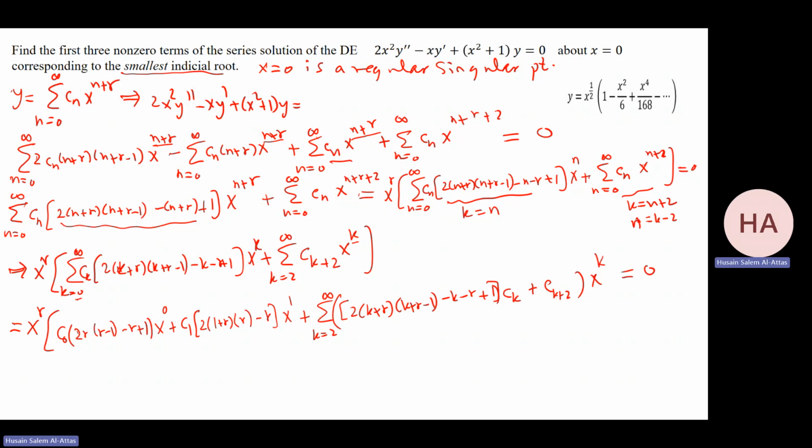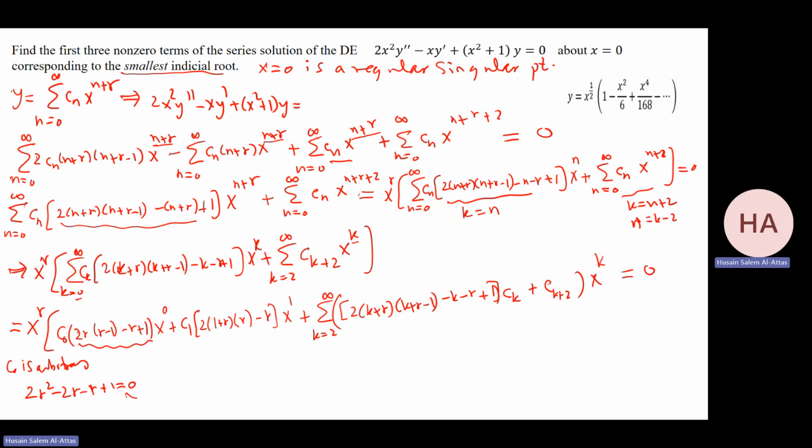Okay. Now I have this equal to 0. So I have C0 is arbitrary. Yeah, I need C0 to be arbitrary, so I need this to be 0. So I have 2r squared minus 2r minus r plus 1 equals 0. I get the roots from here.